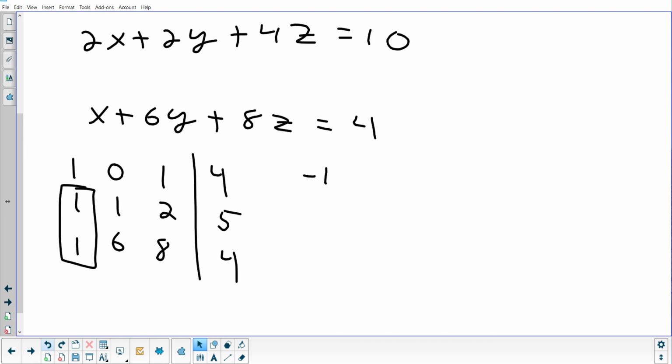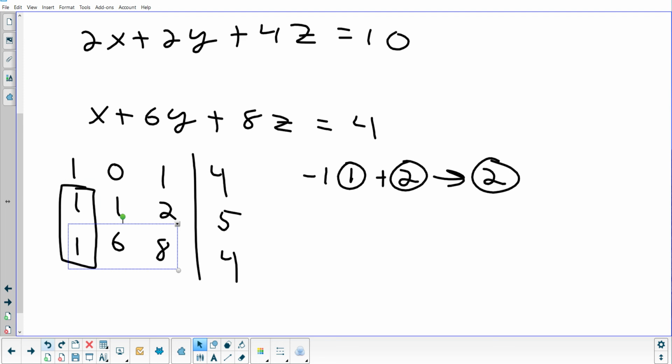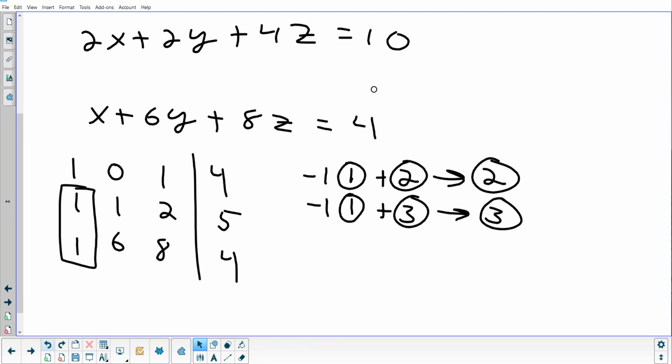So -1 times the first row plus the second, and we're going to replace what's currently in the second. What would I multiply row 1 by and then add it to row 3 to make a 0? -1 again. So -1 times the first, add to the third, and that will replace what's in the third.